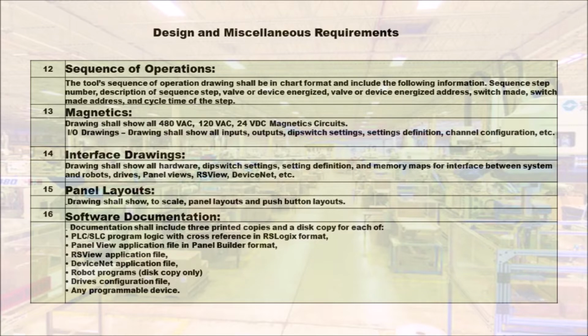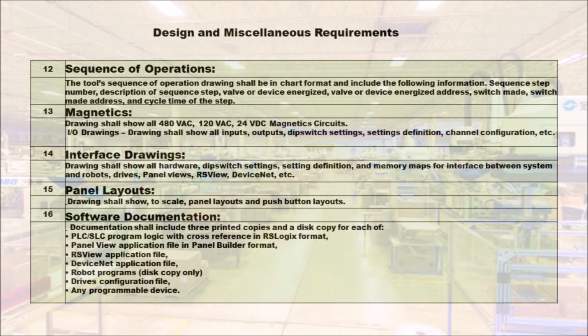I/O drawings. Drawing shall show all inputs, outputs, dip switch settings definition, channel configuration, etc. 14. Interface drawings. Drawing shall show all hardware, dip switch settings, setting definition, and memory maps for interface between system and robots, drives, PanelViews, RSView, DeviceNet, etc.